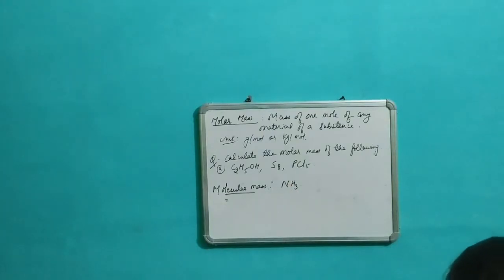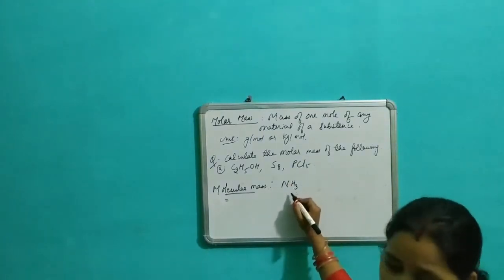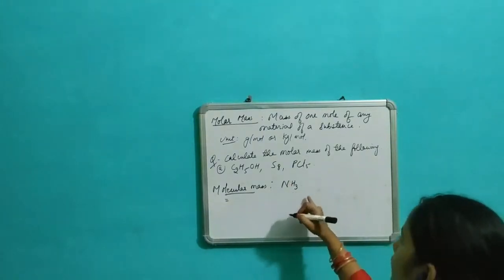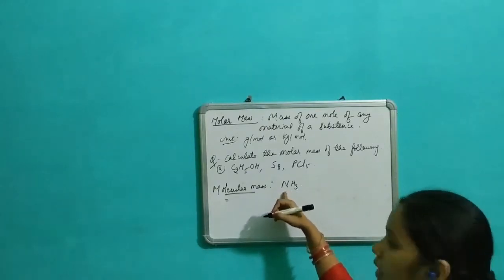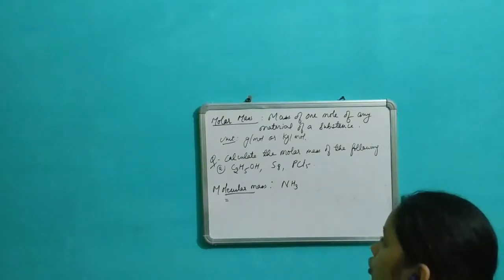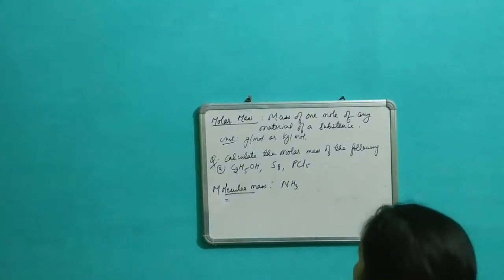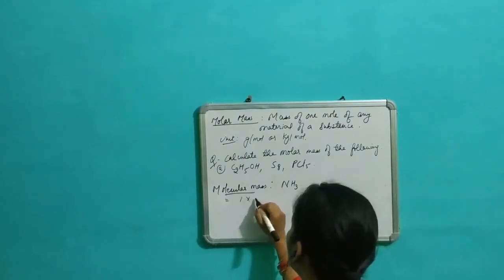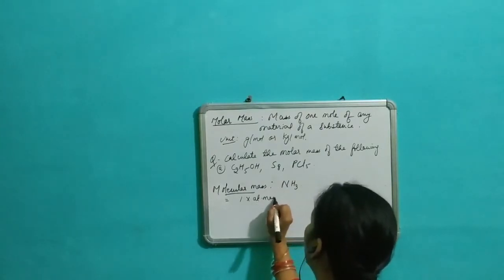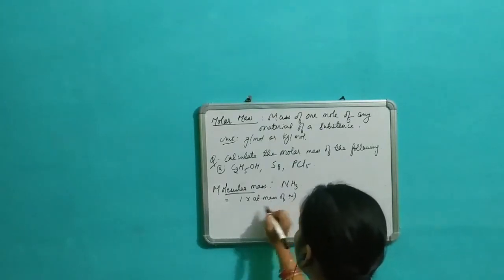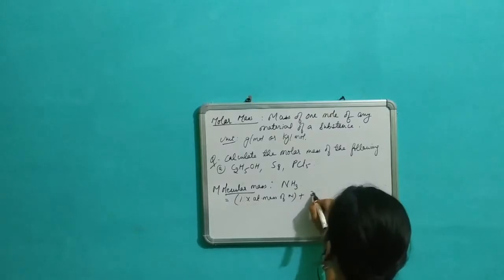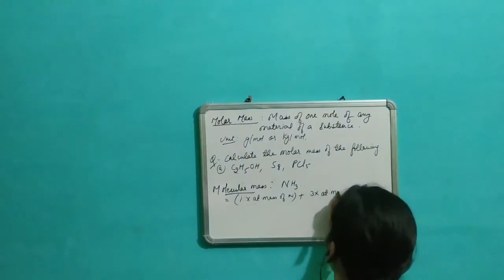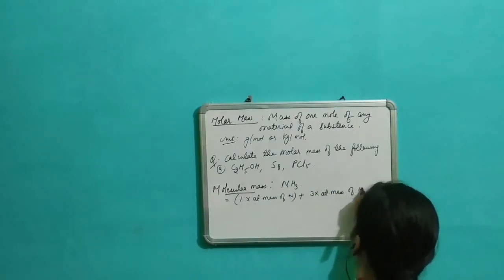For example, suppose I have NH3. How many atoms do I have? Nitrogen I have 1 and hydrogen I have 3 atoms. So we multiply the number. Nitrogen I have only 1, so 1 into atomic mass of nitrogen plus 3 into atomic mass of hydrogen.